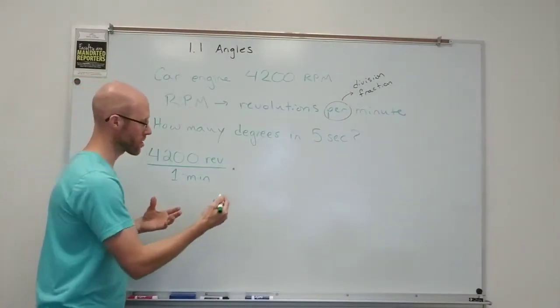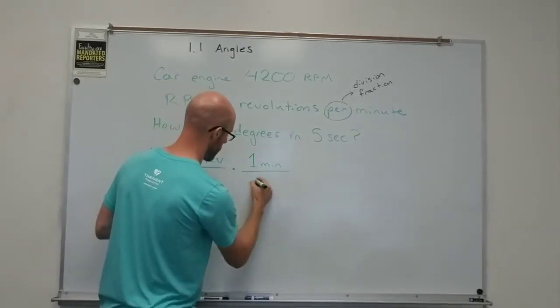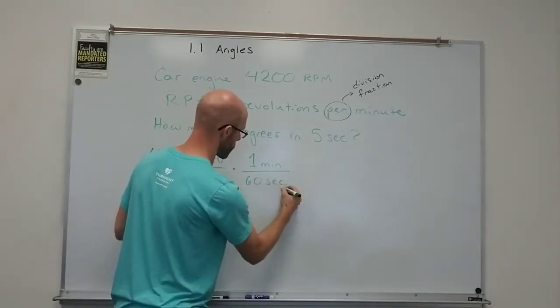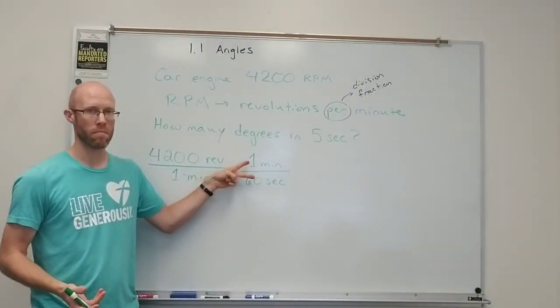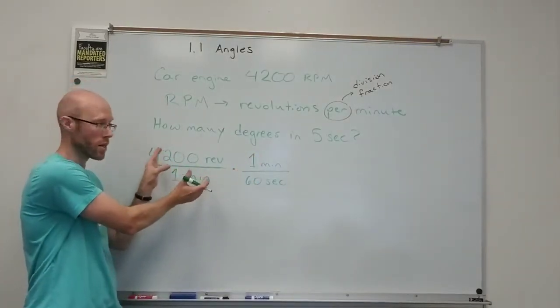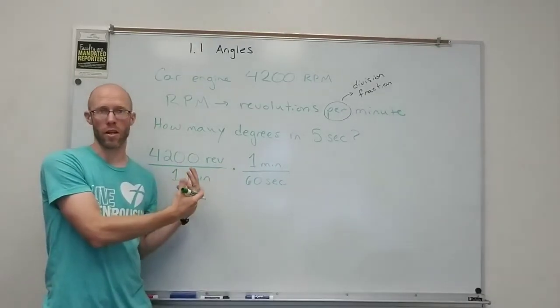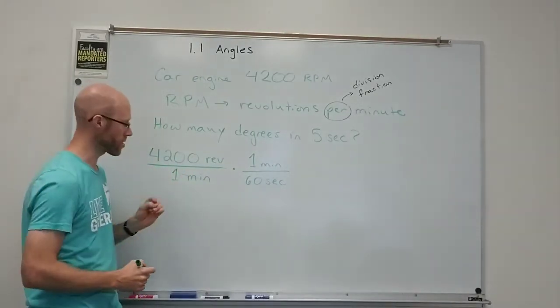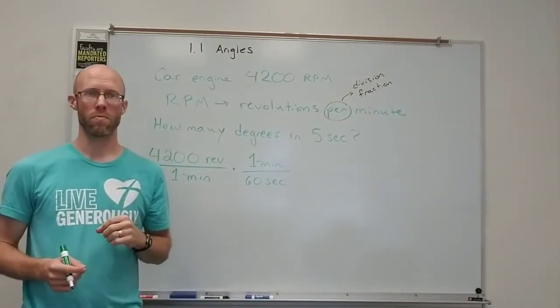Let's take 1 minute and 60 seconds. We know they're equal to each other, so when you divide them, the fraction equals 1. And if you multiply any quantity by 1, you haven't changed the quantity, but we have changed the units. The minutes here will end up canceling out.